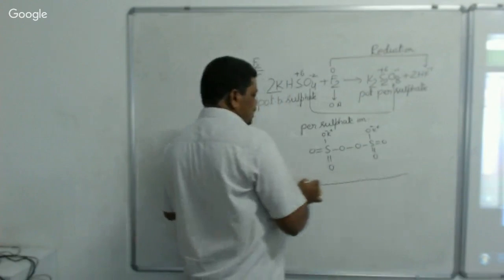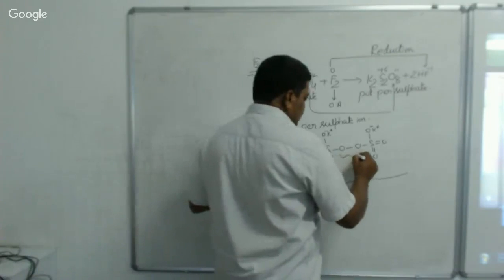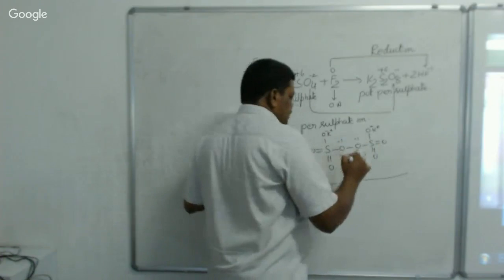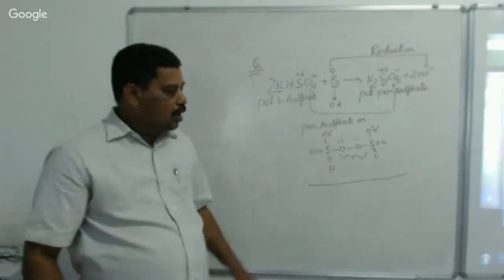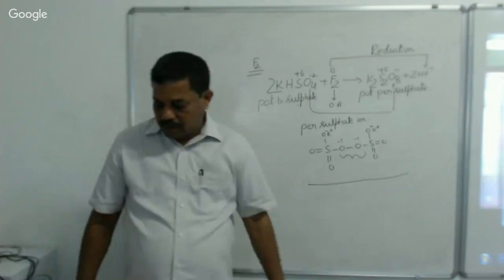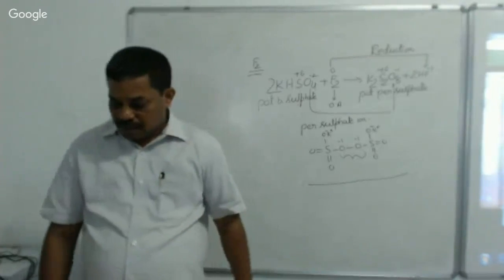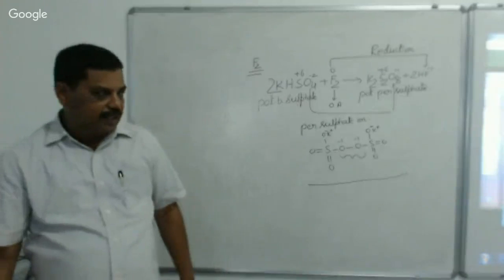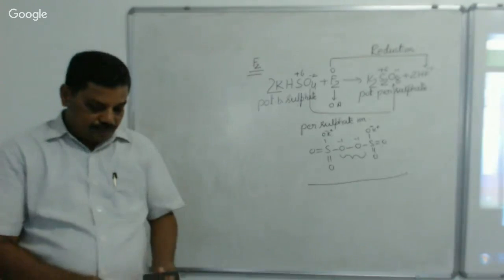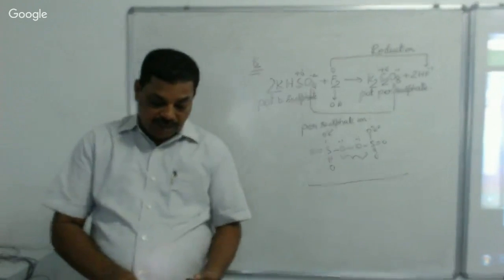So this is potassium persulfate. What is the oxidation number of these two oxygens? They are linked with each other, O bond O. This O-O linkage is called a peroxy linkage. That's why in potassium persulfate, two oxygens are in -1 state.